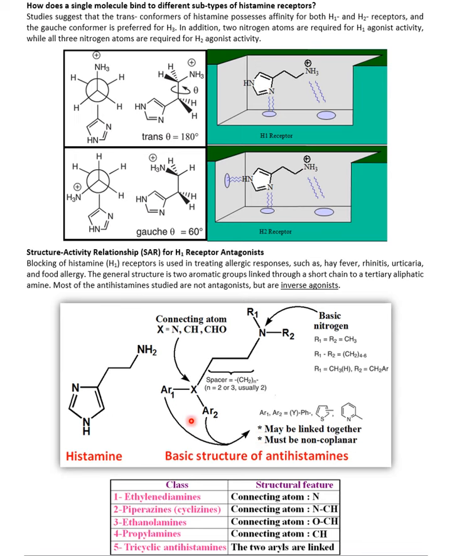Basically, you could have an aromatic ring and another aromatic ring. They could be fused or linked together, but if they are, they must not be coplanar. So you cannot have, for example, 3 aromatic cycles. You can have one aromatic ring linked through a cyclohexane or a cycloheptane, just to make sure that the angle between these two is not 180 degrees, meaning that these two groups are not coplanar.